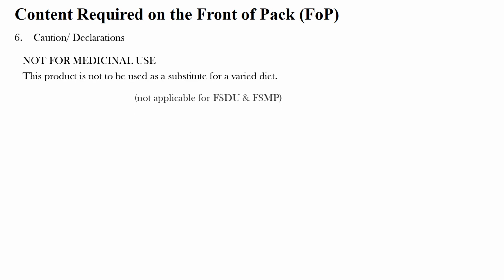In addition to this, you have also to write a statement: this product is not to be used as a substitute for varied diet, but this is not applicable in case of food for a special dietary use and food for a special medicinal purpose.